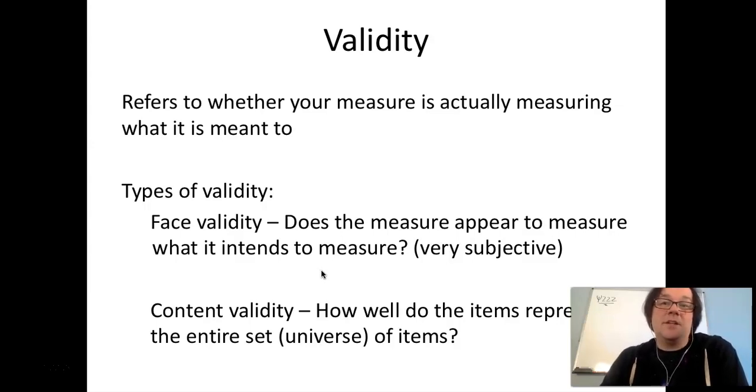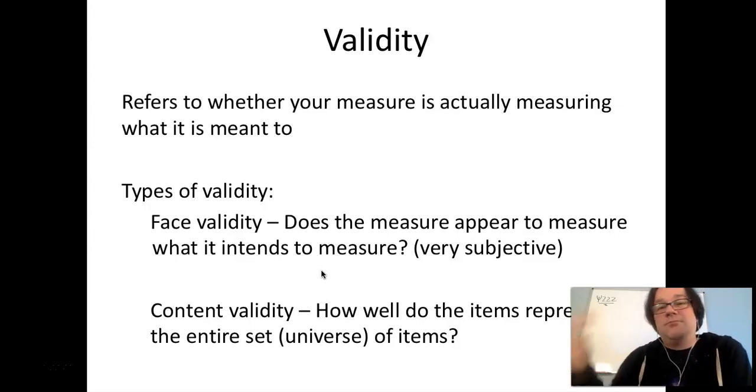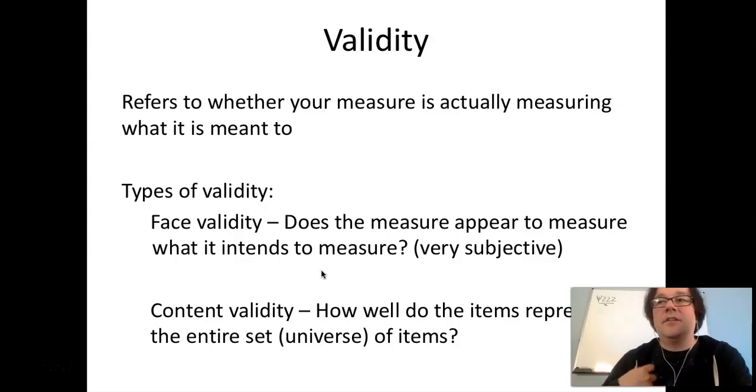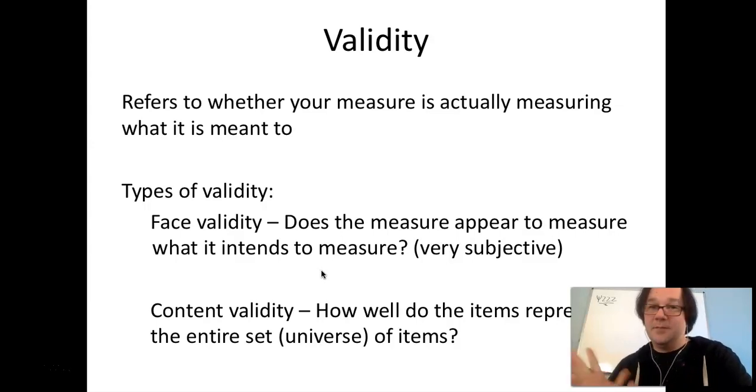We could just run some correlations, so long as we know what we're supposed to be looking for, we got correlation. That's pretty good, pretty easy, right? Validity is a little bit more subjective, but there are different types of validity, and some of them are more subjective than others.